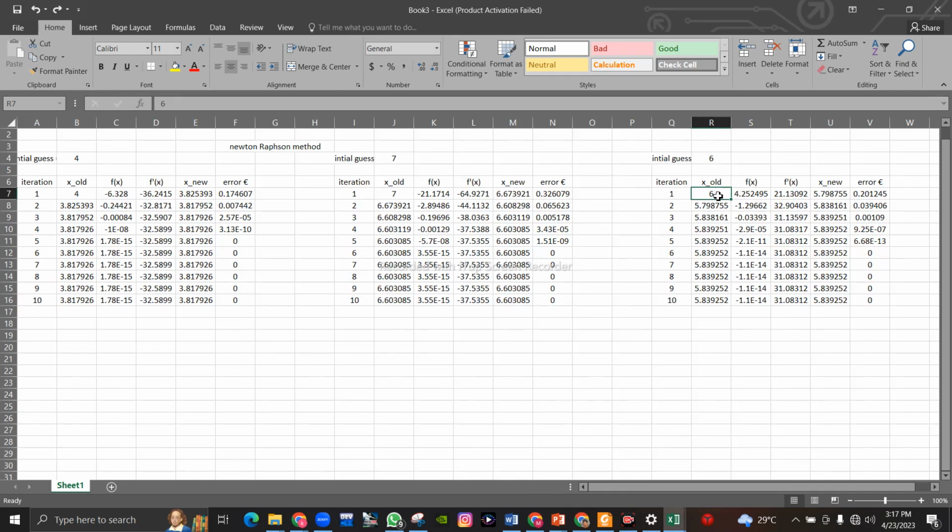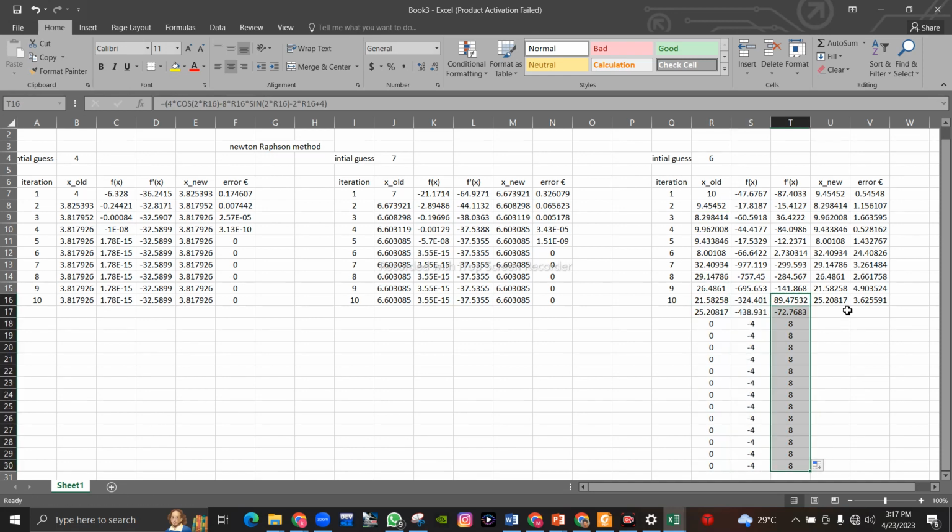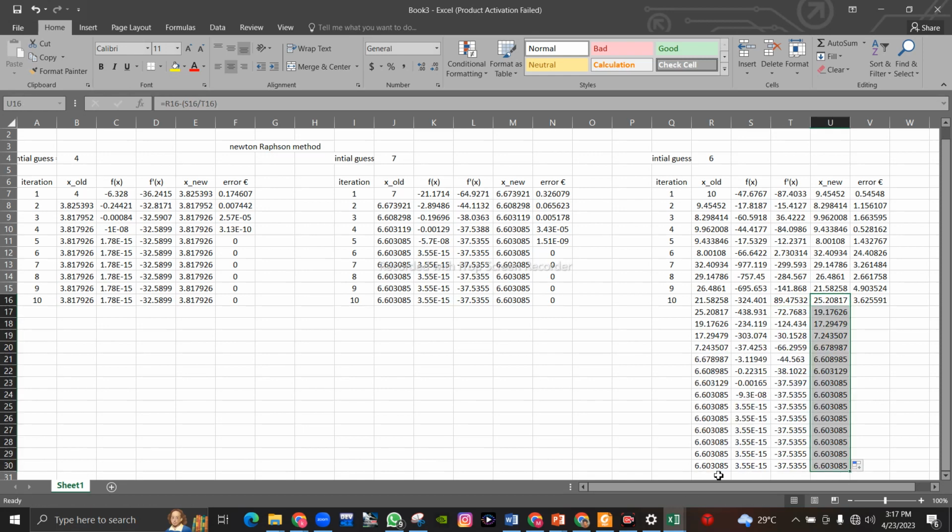Let's use 10. Let's see, 10. 10 might converge if we go further. Let's say if we go to like 30, let's see where maybe it's going to give us a good answer. 10 is converging to 6.305.